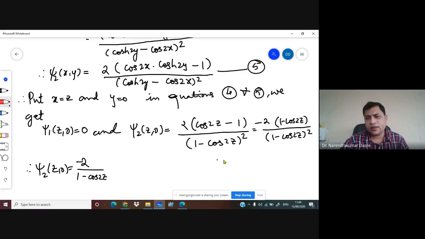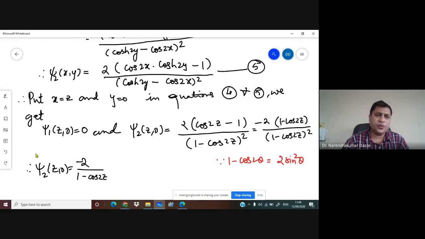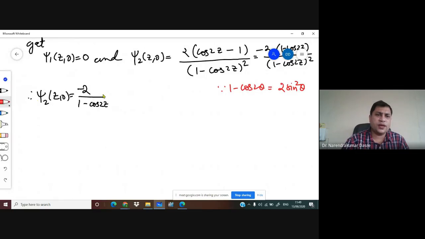But we know 1 minus cos of 2 theta is equal to 2 sine square theta. So we can use this formula and write this as minus 2 upon 2 sine square z. 2 will get cancelled.